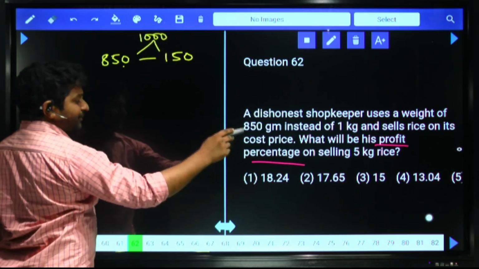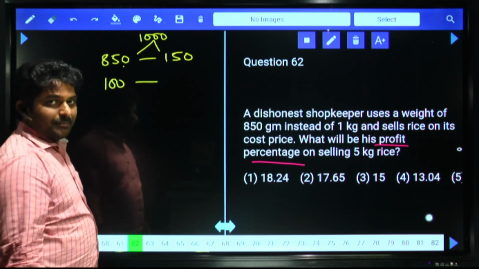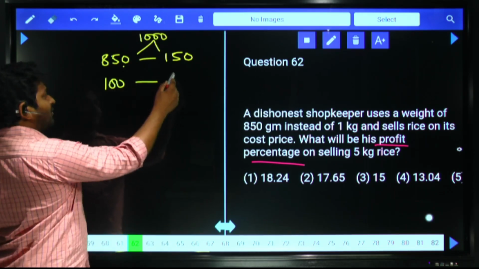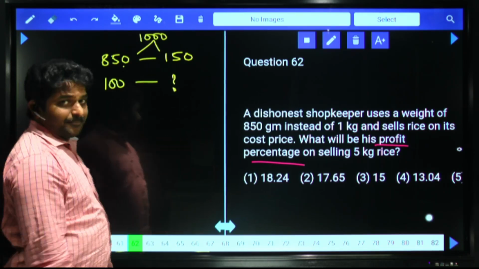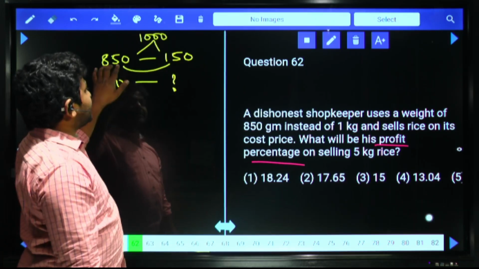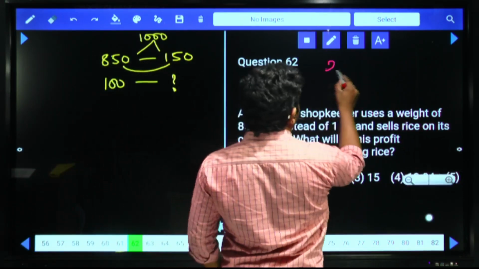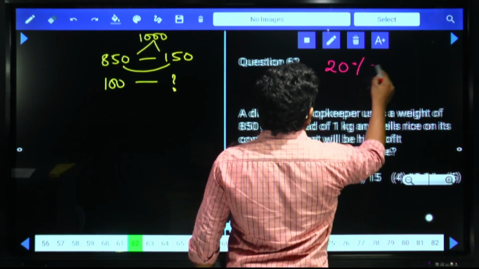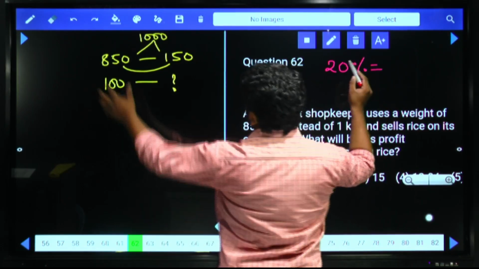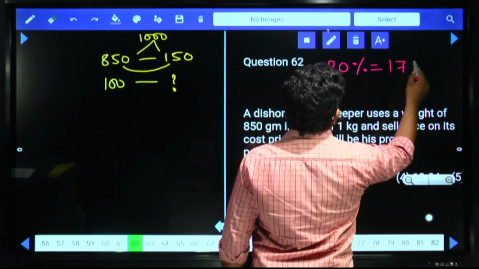Now your question is profit percentage. Percent in the sense per 100, how much. Now you can go for cross multiplication, that is one way. Otherwise, let us assume how much percent this is. 10% of 850 is 85, 20% is equal to 170.